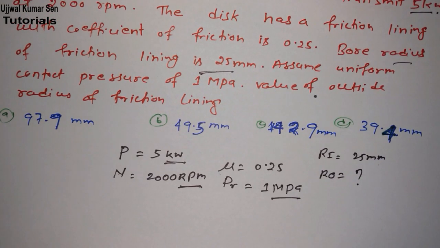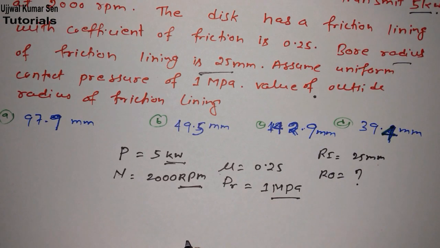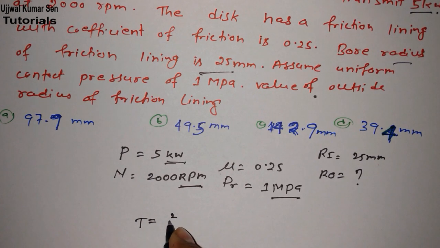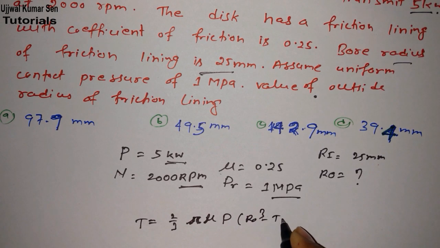For finding the outside radius, we have only one formula in the case of uniform contact pressure theory. What is that formula? T is equal to 2 by 3 pi mu p (r naught cube minus ri cube).